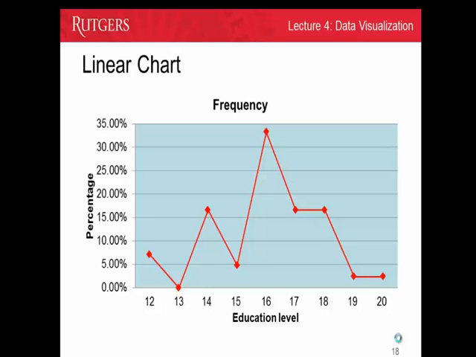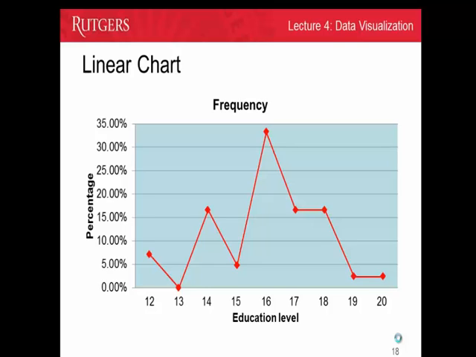So the line chart represents the categories arranged in order. The frequency is represented by a dot, and then the dots are joined by lines to form this line chart. Since the work department is nominal data, not ordinal data, we cannot use it in the line chart.